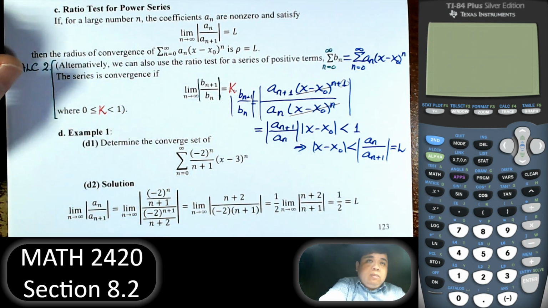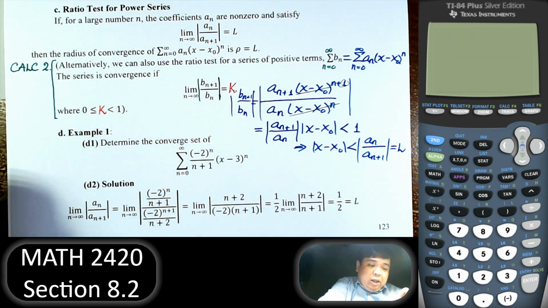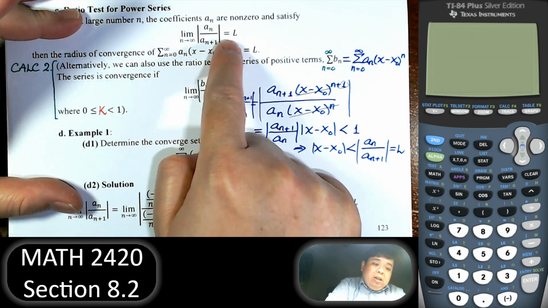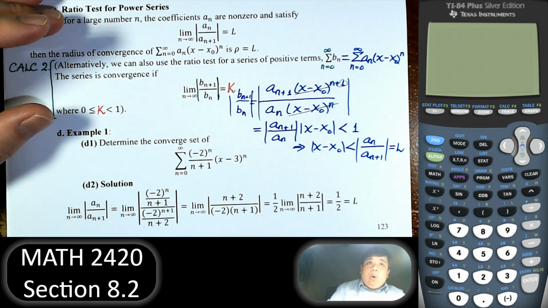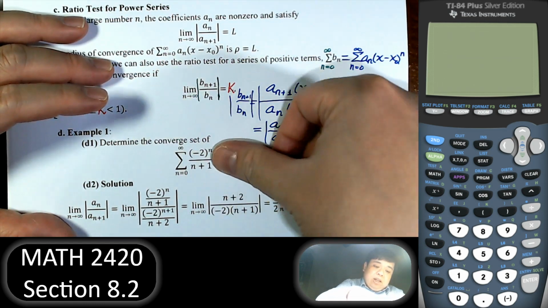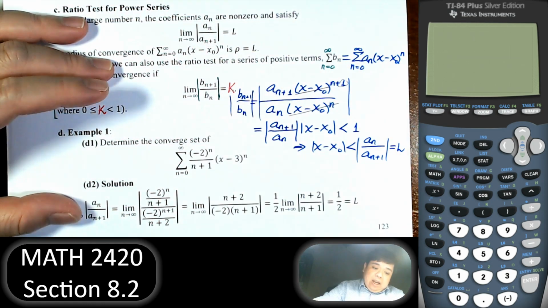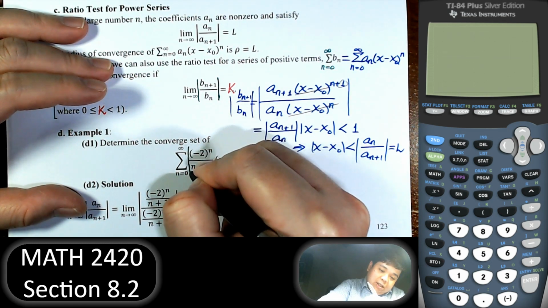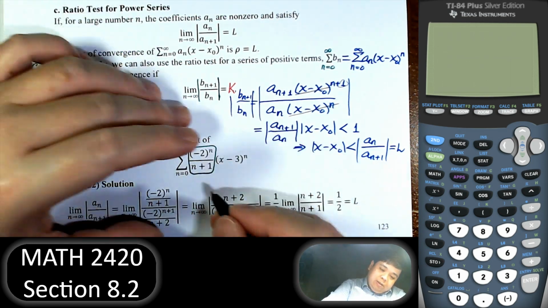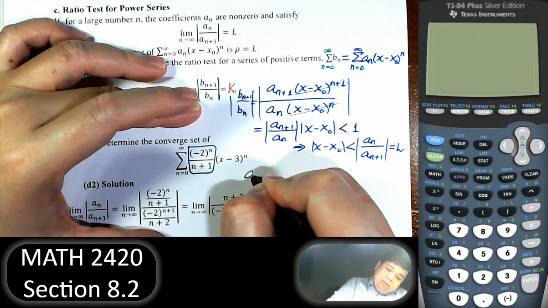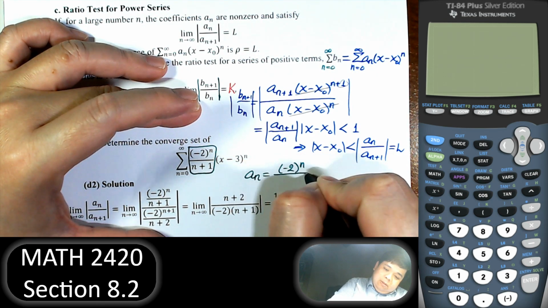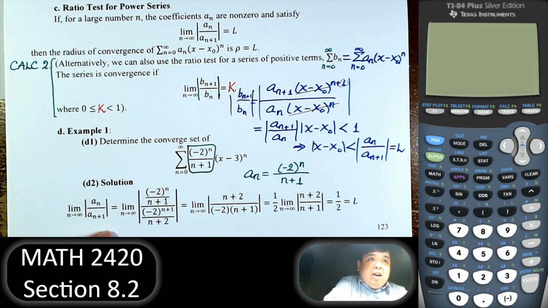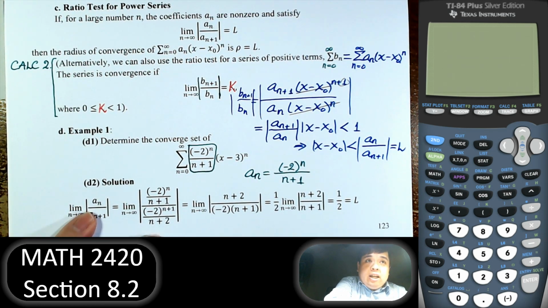Right. So notice that first we're going to use the form a sub n over a sub n plus 1. So if that is the case, we will ignore the power term, so that will be a sub n, and then we take the ratio of a sub n divided by a sub n plus 1 inside absolute values.